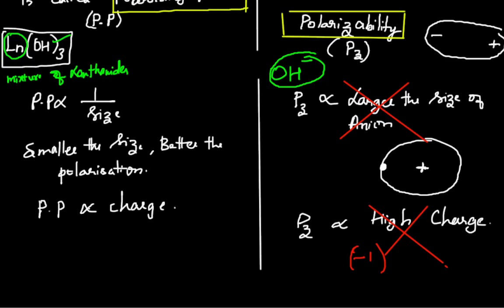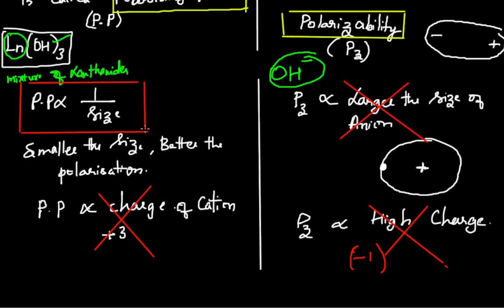What is the charge of every lanthanide here? +3. So again this will not be a differentiating factor. But what can be the differentiating factor is size. In the last video we discussed that lanthanide contraction is the effective decrease in size as you go from left to right of the lanthanide series. So size plays a vital role here in differentiating.